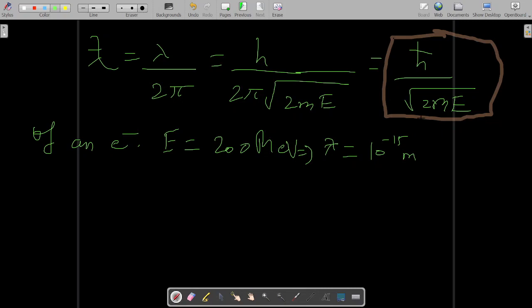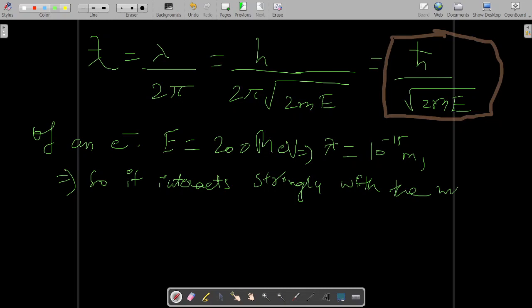So it interacts strongly with the nuclear charge and is a fit candidate for a probe.